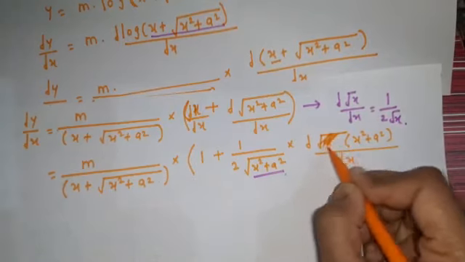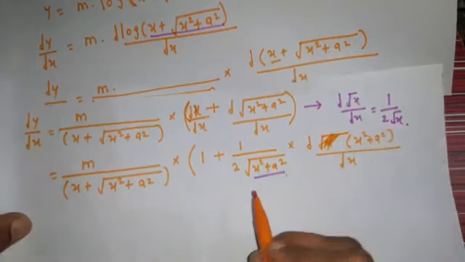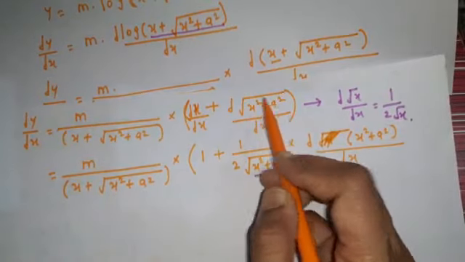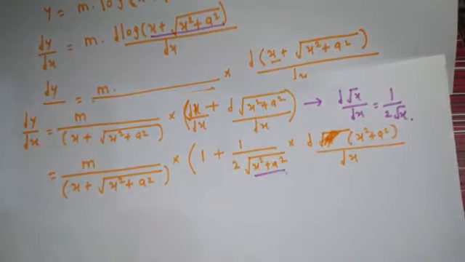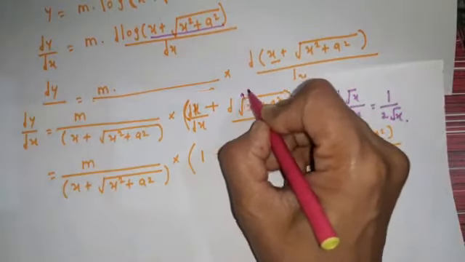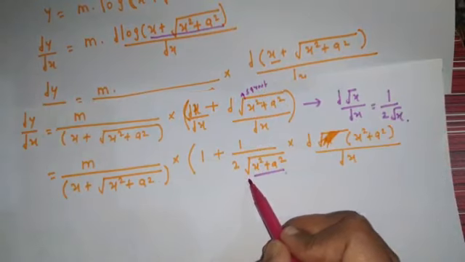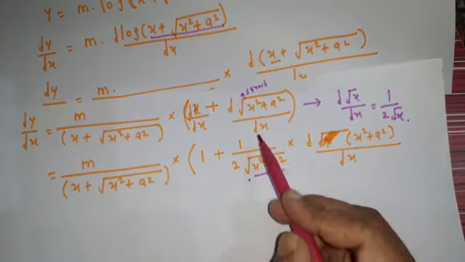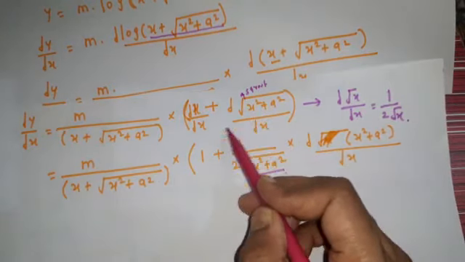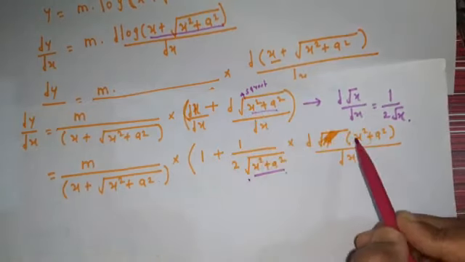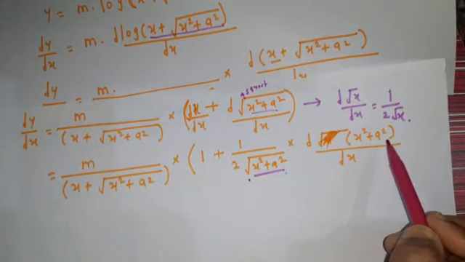Please correct this thing students, because for differentiation of square root of x square plus a square, the outermost function is the square root function. That's why according to the square root function we differentiate here. And now the immediate inner function is x square plus a square, and that's why we differentiate this x square plus a square.